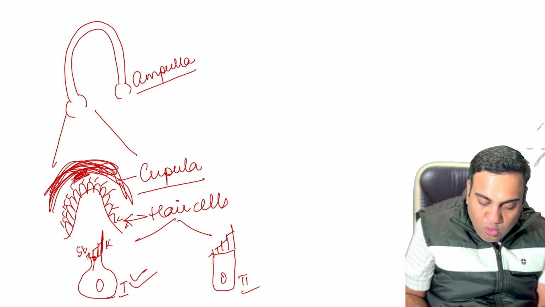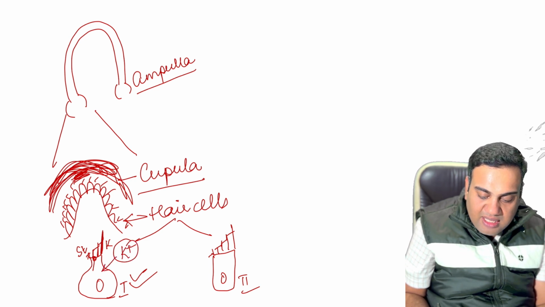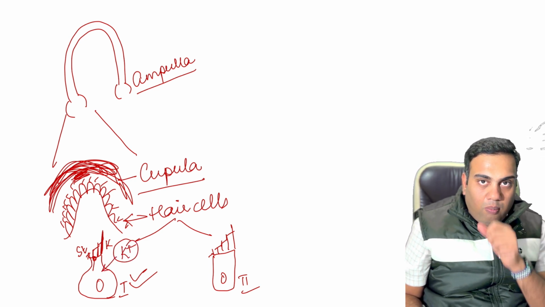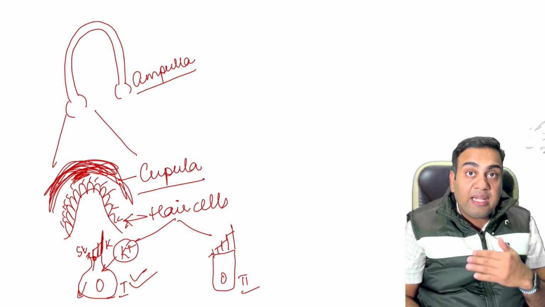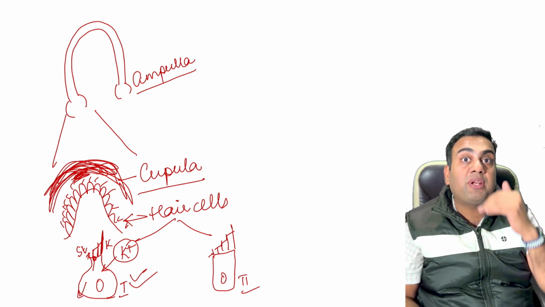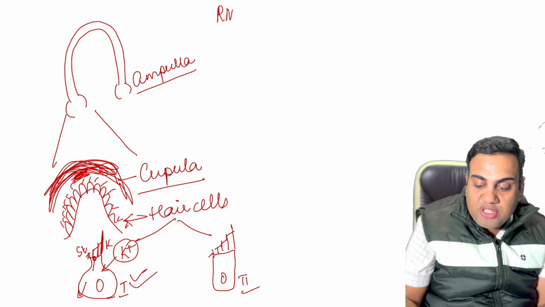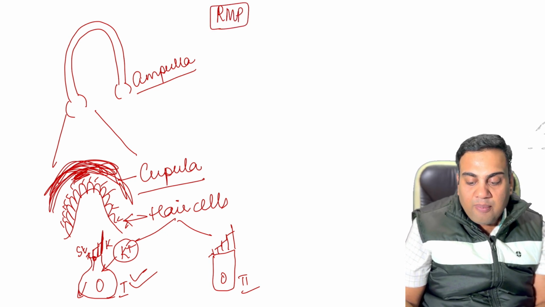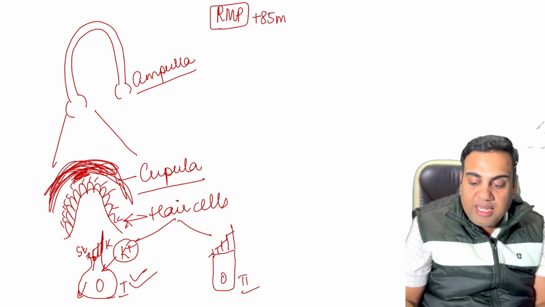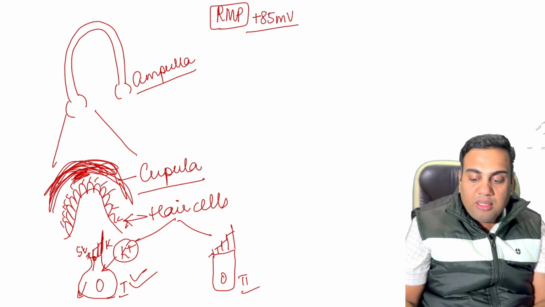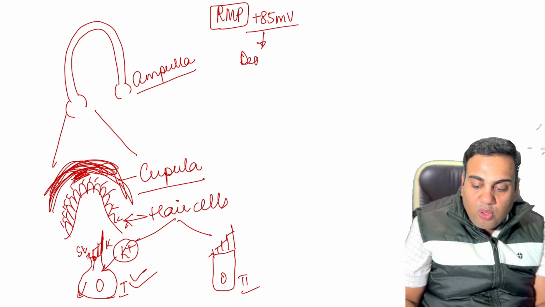Potassium channels will open up. Potassium influx will occur. This potassium influx is going to increase the resting membrane potential of the cell. In physiology, you have heard of something called as resting membrane potential. When it increases in voltage to more than 85 millivolts, then that leads to depolarization.